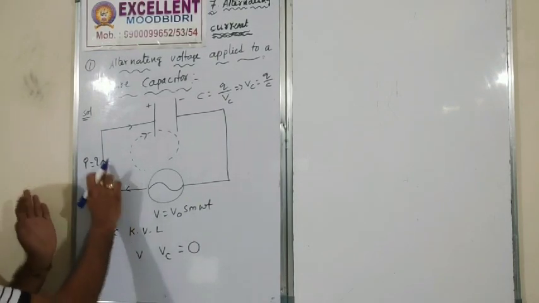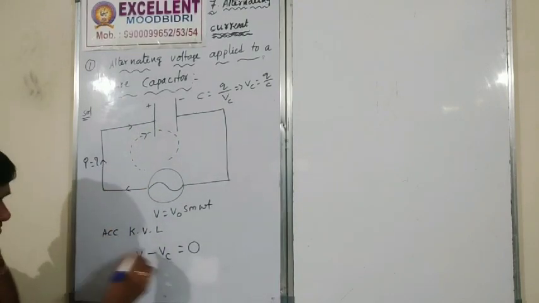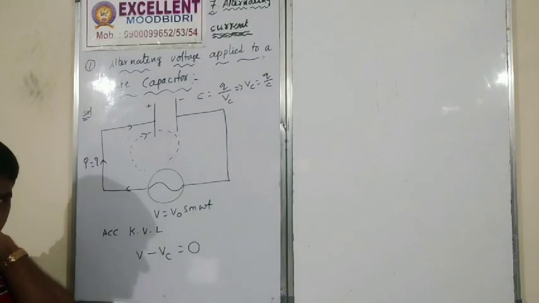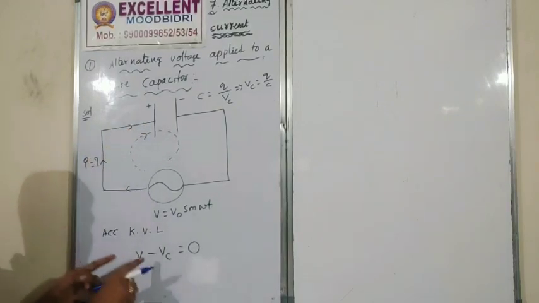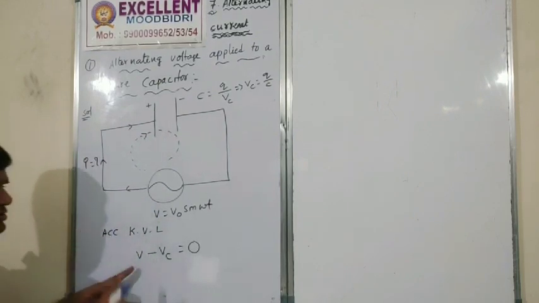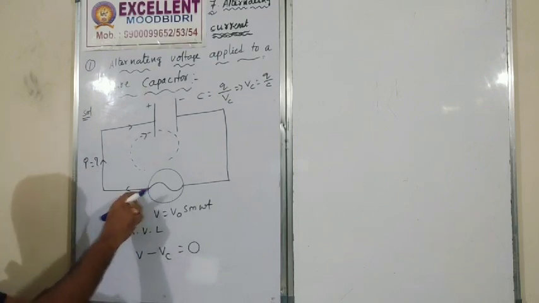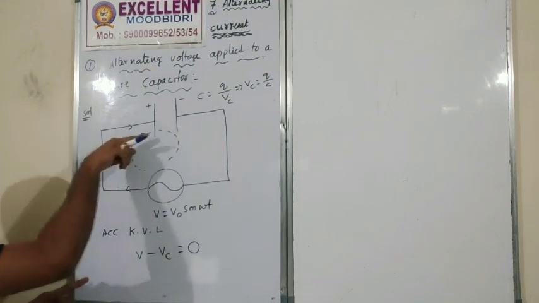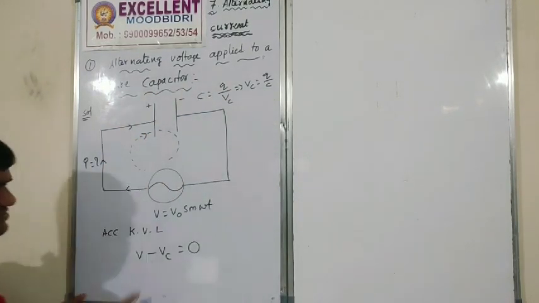Entering into positive, we consider negative. Leaving from positive means positive. Any doubts? Entering into positive means negative, minus, and therefore V is equal to Vc.